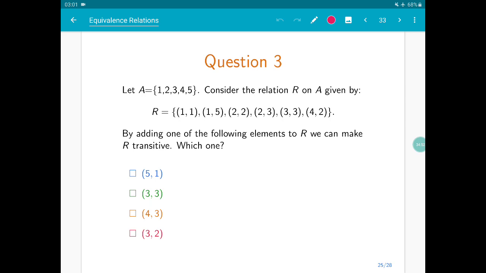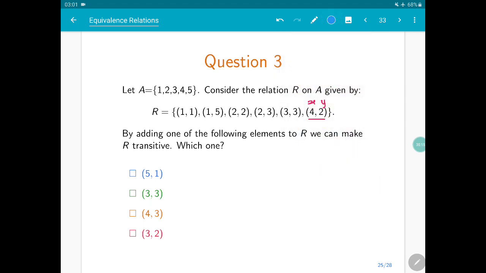Okay, so let's think about this. Basically, what is the problem here? The problem is that I have (4,2), so let me call this x and 4 is x and 2 is y.